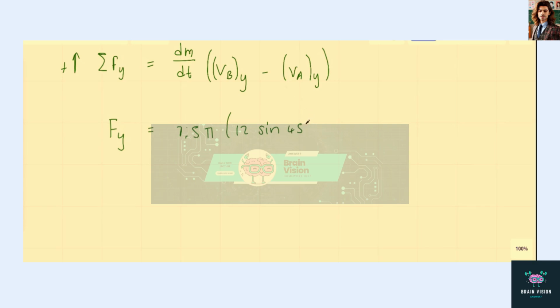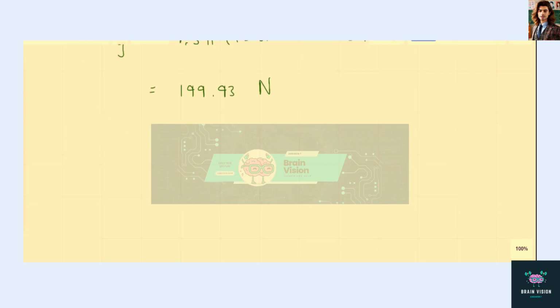That's the y component of the velocity of water at B, and there is no y component at A, so that's 0. And so the force has a y component of 199.93 newtons.